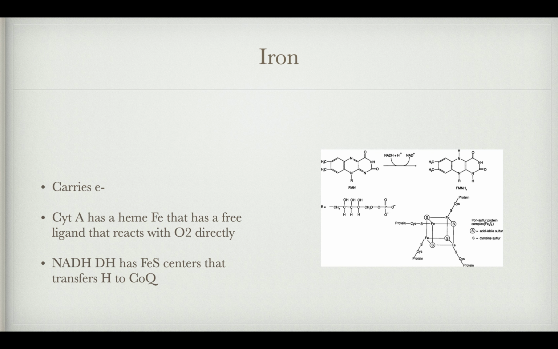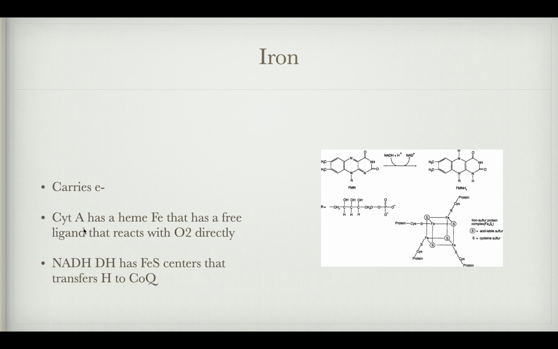So a lot of the cytochromes, or all of the cytochromes, carry iron. And iron is important because it's an electron carrier. And this iron is different from our hemoglobin iron because this iron sulfur center in NADH dehydrogenase has Fe3+, and that can be interconverted into Fe2+, which is kind of the opposite of our hemoglobin iron.